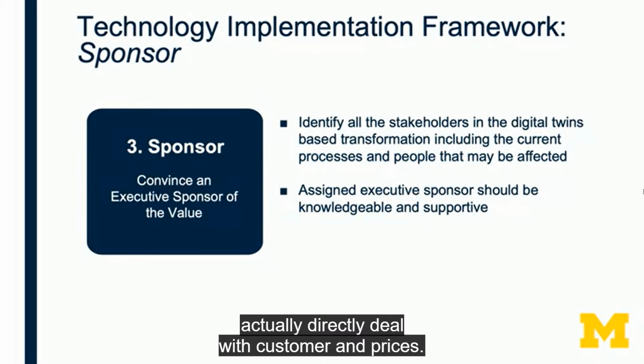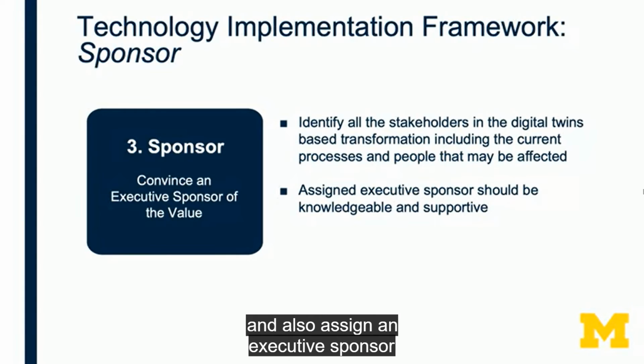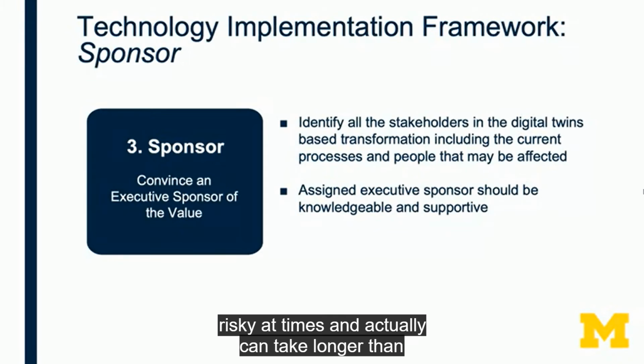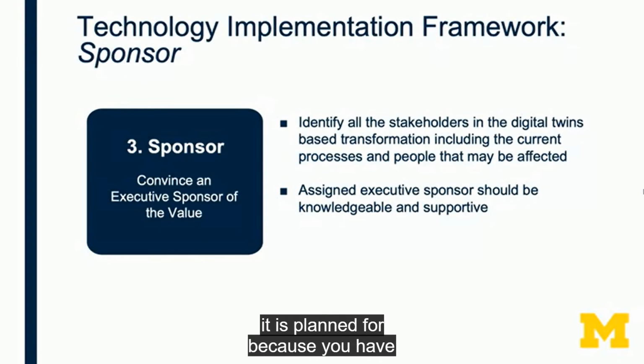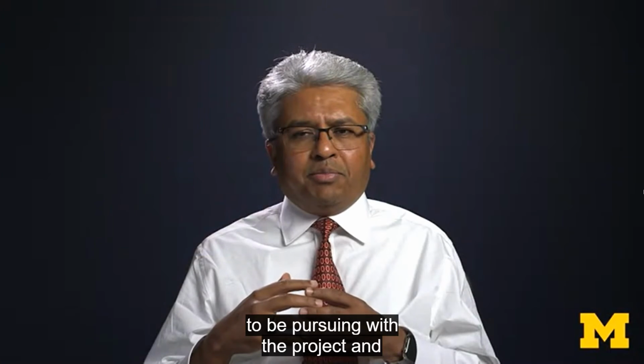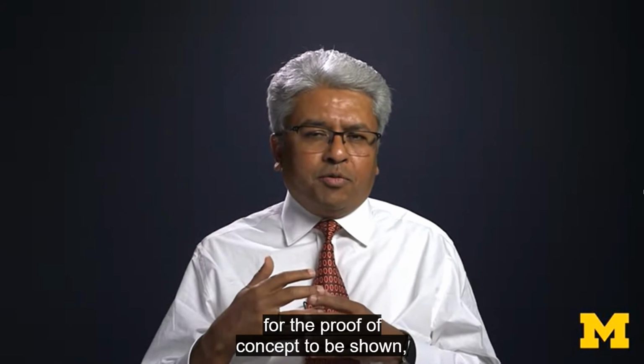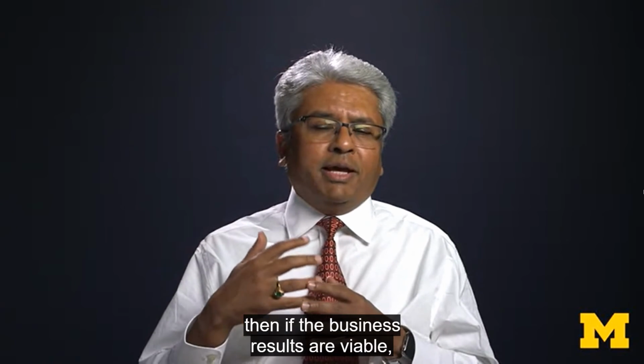So it is important to identify these different pieces, identify the multiple stakeholders, and also assign an executive sponsor, because it is important to give that support and cover for this project. And this project can be risky at times, and can take longer than planned, because you have to keep pursuing the project and giving it all the resources for the proof of concept to be shown. And then if the business results are viable, it can be scaled.